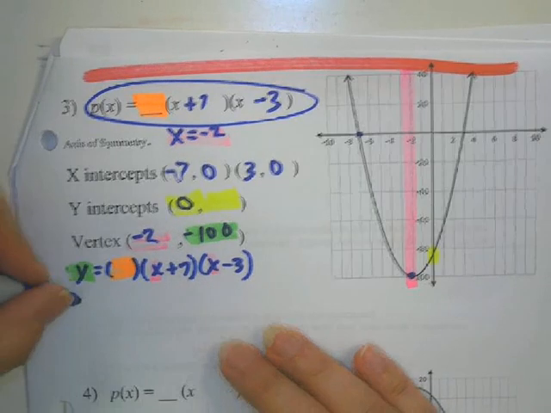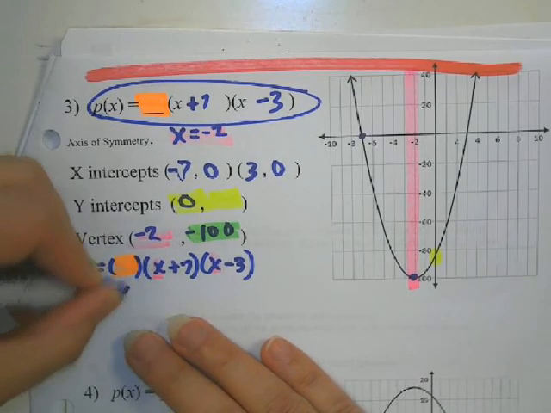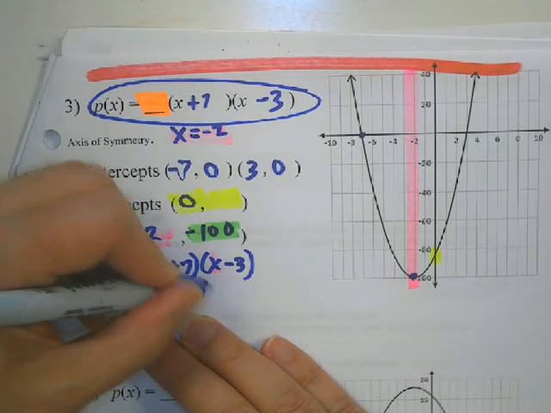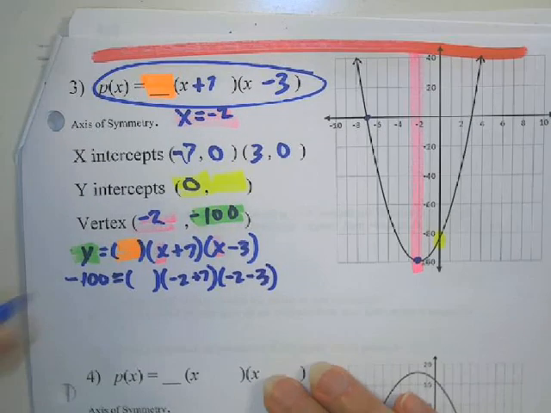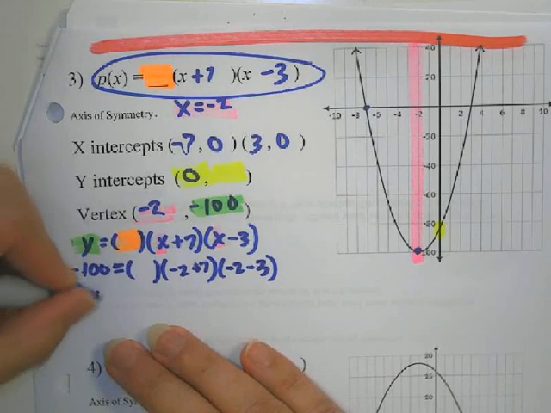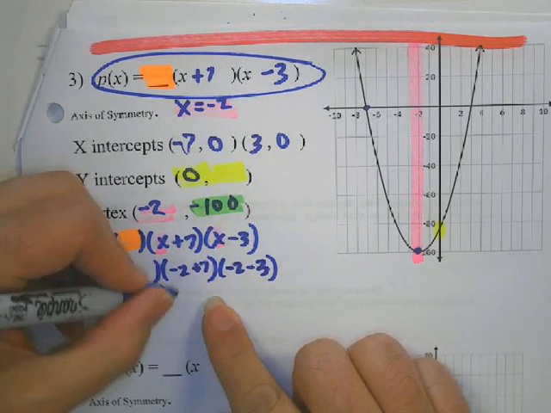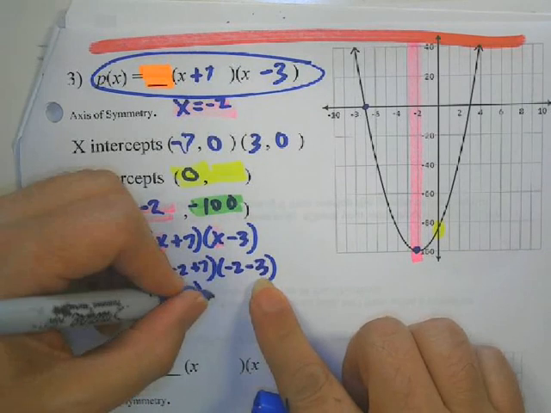So negative 100 equals some number times negative 2 plus 7, and negative 2 minus 3. We're going to have negative 100 equals, okay, negative 2 plus 7 is 5, and negative 2 minus 3 is negative 5.